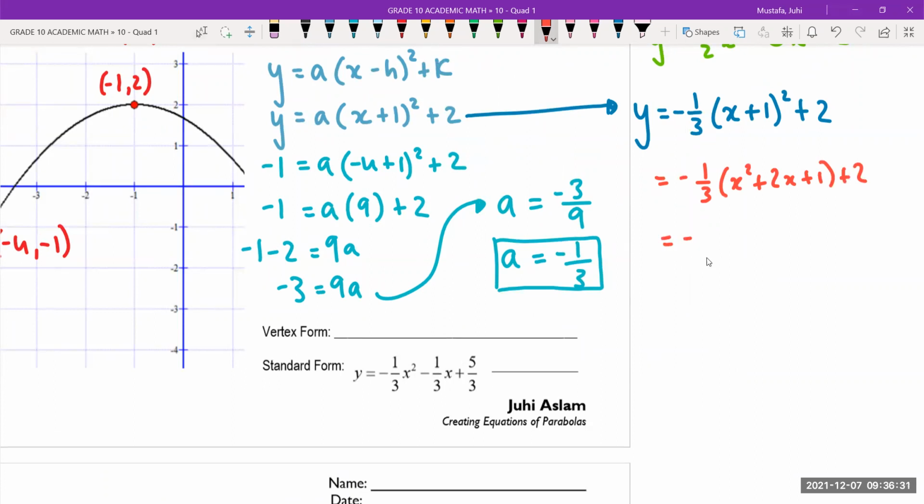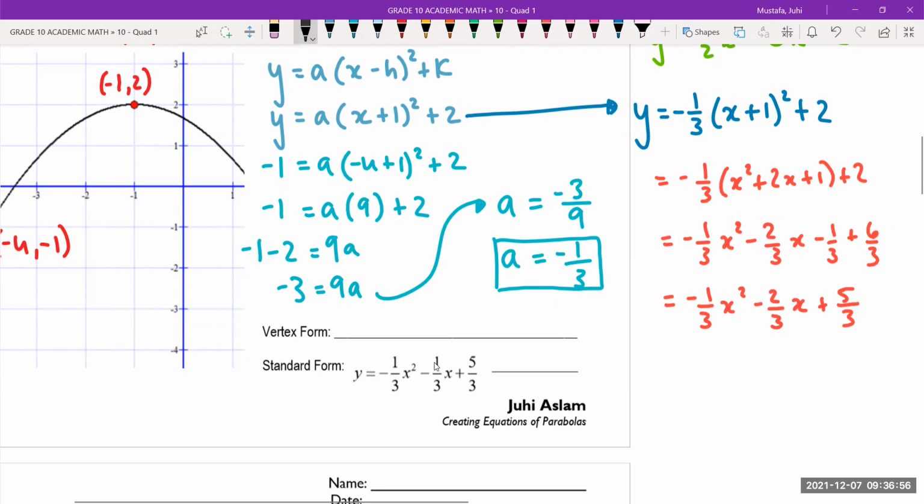And then it would be -1 over 3 x squared minus 2 over 3 x minus 1 over 3 plus 6 over 3. And then this would be -1 over 3 x squared minus 2 over 3 x plus 5 over 3. Nope, oh, this one should be -2. Yeah, you're right. This number here, yeah. Good catch. So this right here should be -2.